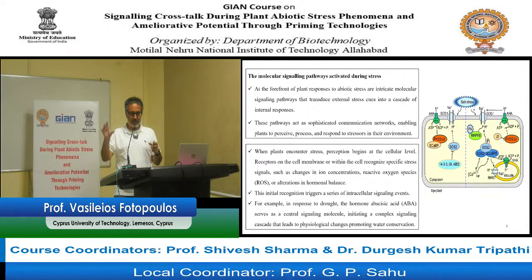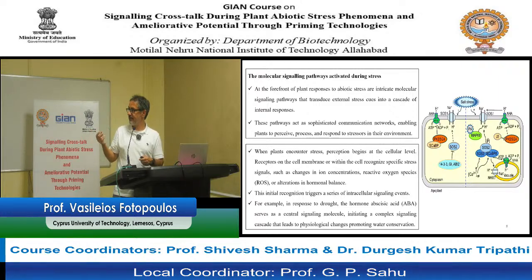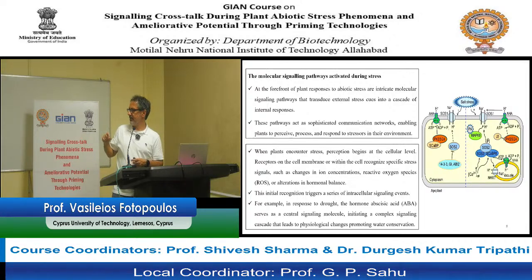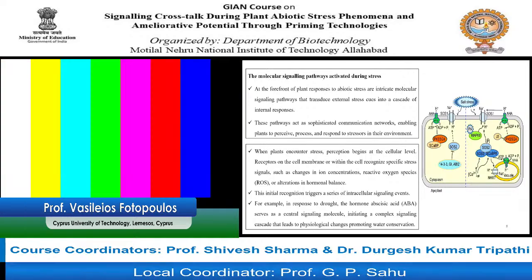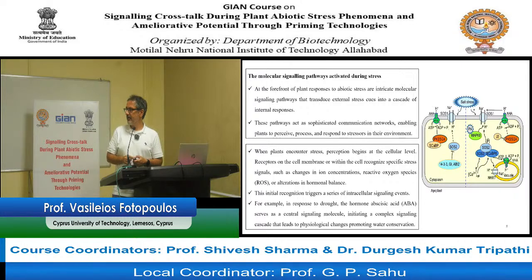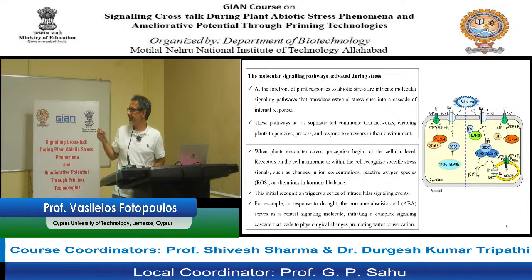So when the plant perceives the stress, first it does so at a cellular level. So we have receptors in the cellular membrane, in the plasmalemma, or within the cytoplasm, that can actually recognize the specific stress signals. And this can also be through recognition of changes of concentration. The sensitivity is actually extremely high.